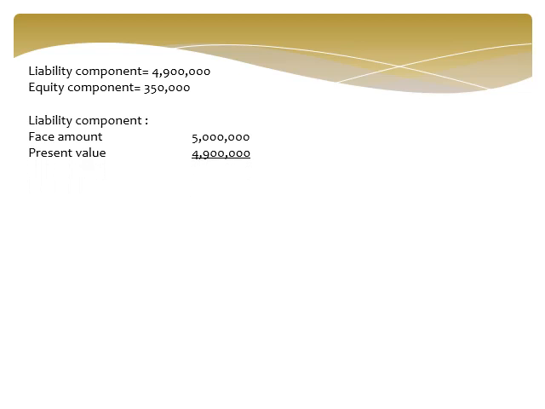Again, the difference between the issue price or the present value of the bonds and the face amount upon the date of issuance is the discount on bonds payable. So, may discount tayo kasi yung issue price ng bonds is less than sa face amount ng bonds. So, yung face amount, 5 million. Yung present value na naka-allocate sa bond is 4.9 million. So, therefore, meron tayong discount on bonds payable na 100,000.